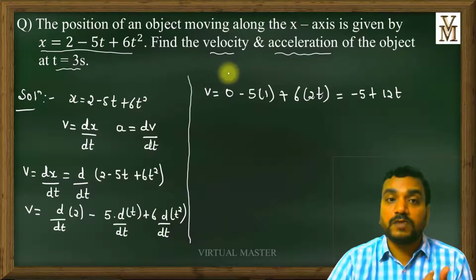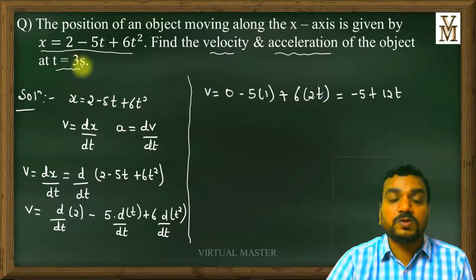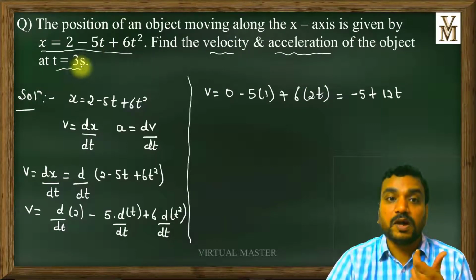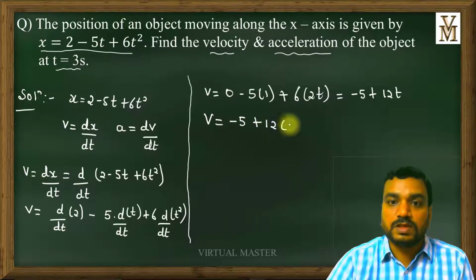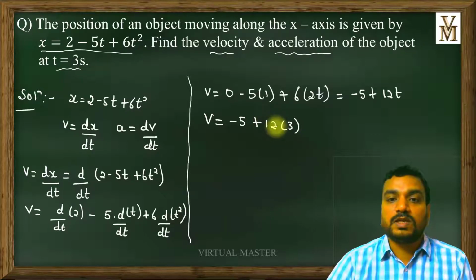Now we have to find the velocity at t equals 3 seconds. That means we have to substitute the value of t as 3. After substituting t as 3, we get minus 5 plus 12 into 3. What is 12 threes?